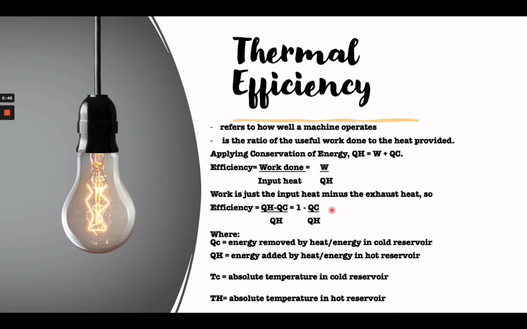Work is just the input heat minus the exhaust heat, so efficiency equals QH minus QC over QH, equals 1 minus QC over QH, where QC is the energy removed by heat or energy in the cold reservoir, and QH is the energy added by heat or energy in the hot reservoir. TC is the absolute temperature in the cold reservoir, and TH is the absolute temperature in the hot reservoir.